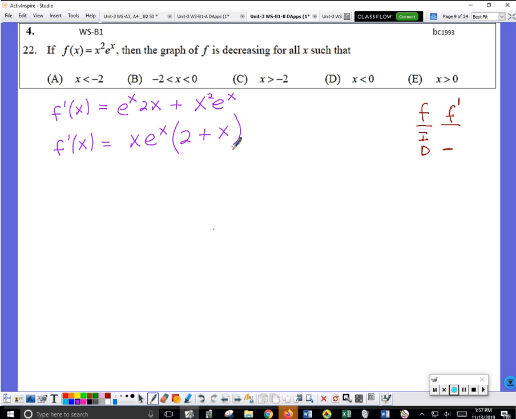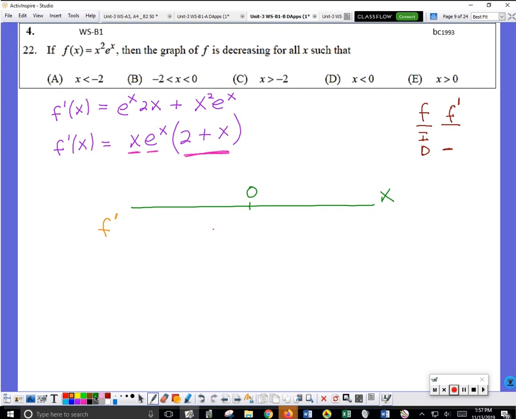Now f prime can be identified as 3 separate factors. So when we build a sign chart, we build f prime one factor at a time. So we take the first factor x. Let's do this. We're trying to build a sign chart for f prime.